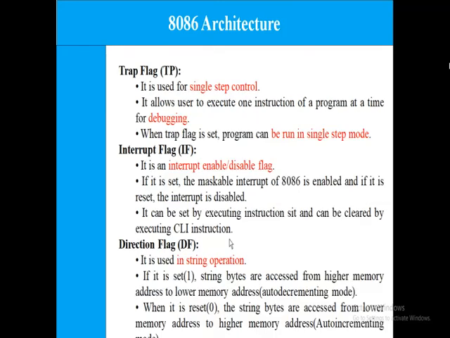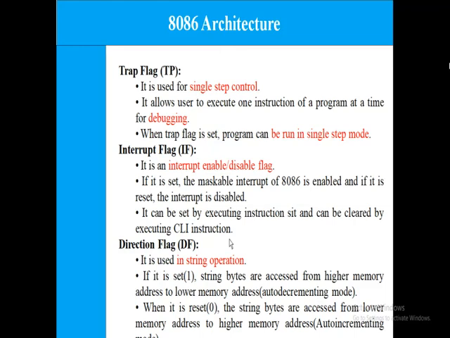The next one is the trap flag. The trap flag is a single step control flag. If this flag is set, the processor enters single step execution mode. What is meant by single step execution? Single step means that only one instruction of a program is executed at a time.